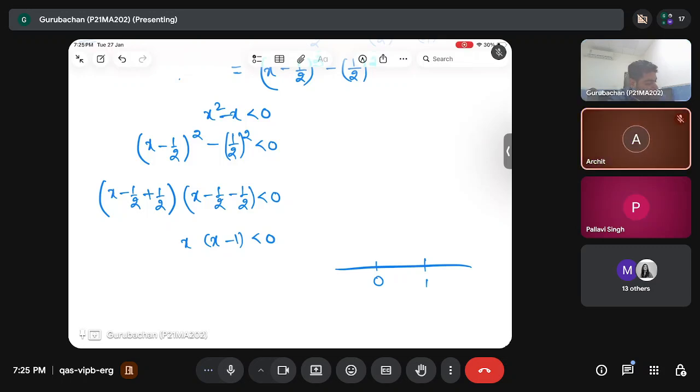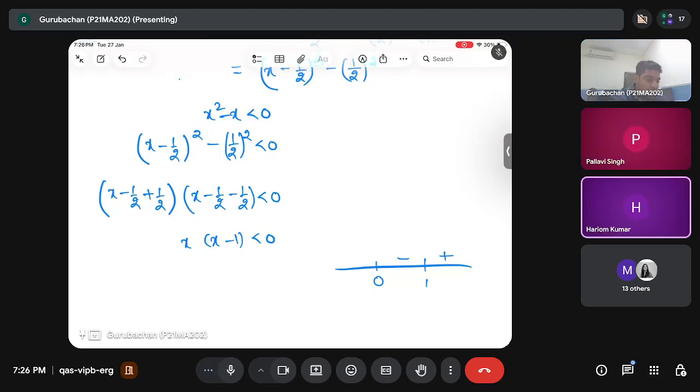Positive. When you fall between 0 and 1, suppose 1 by 2, then the LHS will be negative. And when you are below 0, put minus 1, it is positive. Clear?